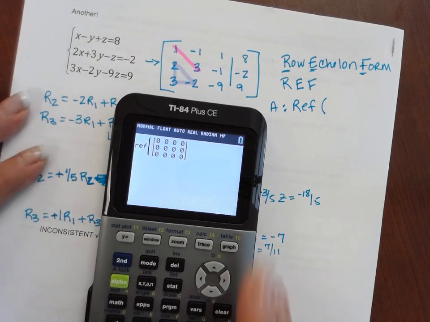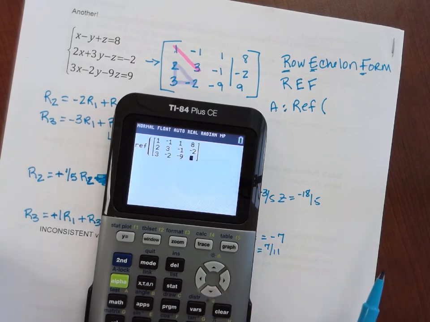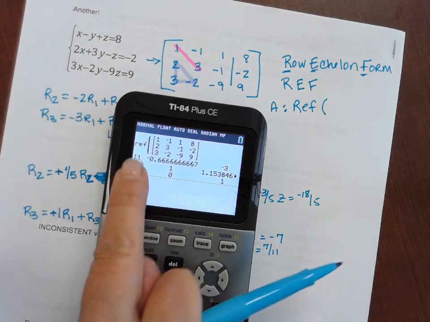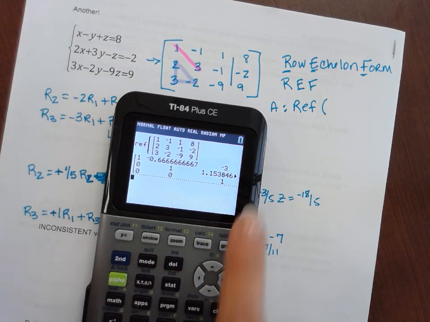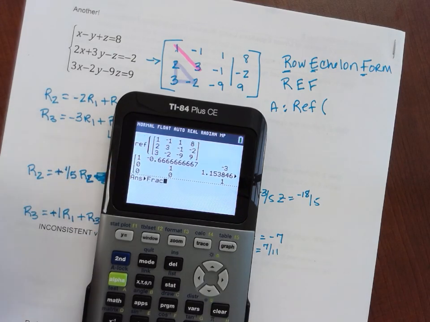All right, and I put in my matrix. 1, -1, 1, 8, 2, 3, -1, -2, 3, -2, -9, 9. And I hit boom. Okay? And look, there's my ones, there's my zeros. Now, it's all in decimal form, so I'm going to say I want it all in a fraction form.